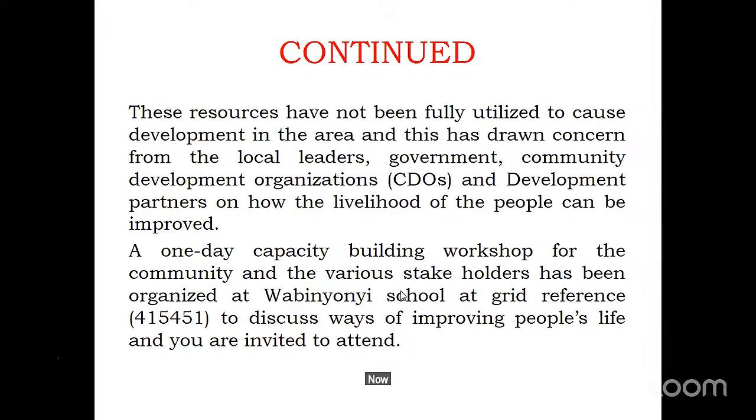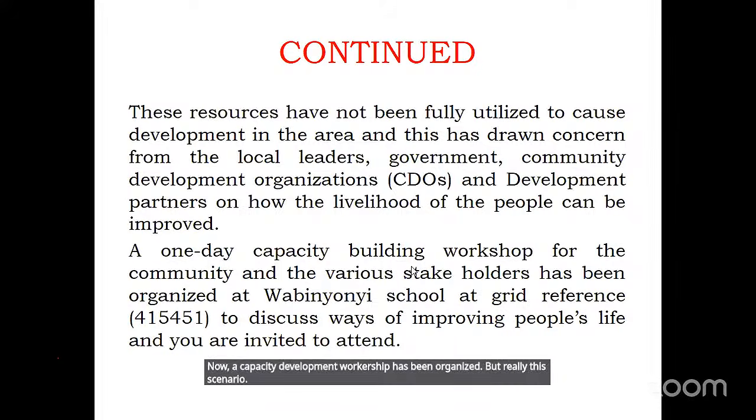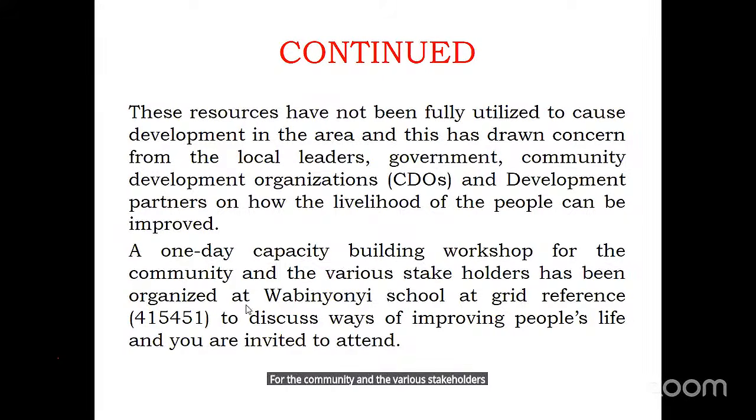Now, a capacity development workshop has been organized. But read this scenario. A one-day capacity building workshop for the community and the various stakeholders has been organized at Wabinyonyi School at grid reference 415451 to discuss ways of improving people's life, and you are invited to attend.